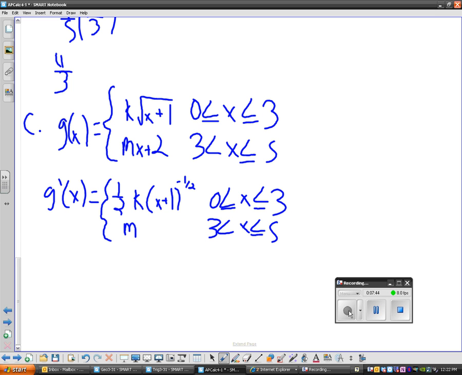So now, what we want to do is I'm going to take the original function and plug 3 in and then solve for k. So k times the square root of 4, which is 2, equals 3m plus 2.